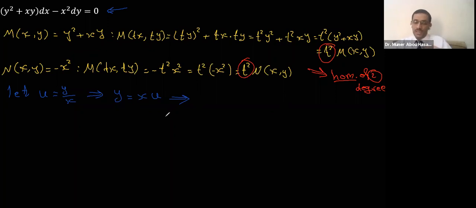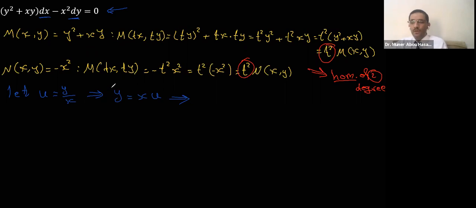Why am I going to do that? Because here I have dy and I have dx. But you are free. You can change the form of your equation by dividing both sides by dx, and you will get y prime and substitute.